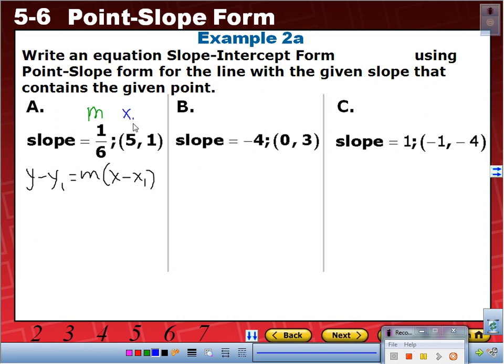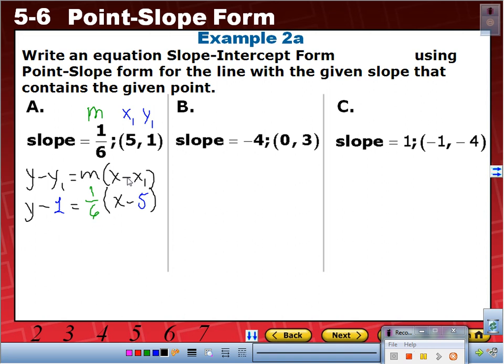Therefore, this is x sub 1, and this is y sub 1. Now that we have information, we substitute it into our point-slope form. The slope goes here. x1 is 5. y1 is 1. And I bring everything else down: the y, the minus, the equals, parentheses, x, minus, and parentheses.